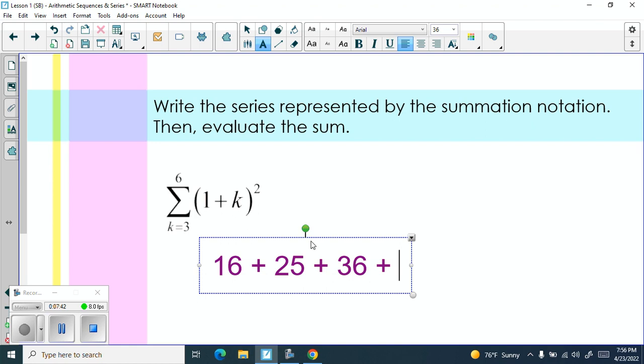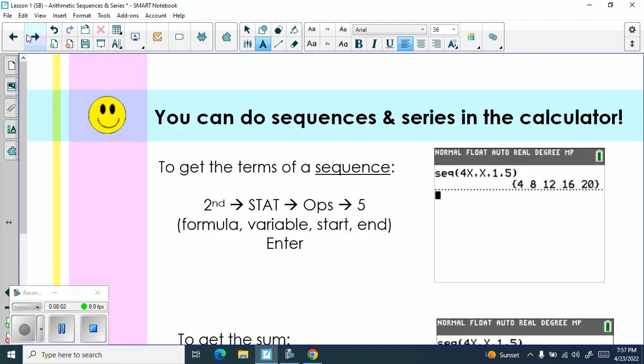And 1 plus 6 is 7, 7 squared is 49. And then we're going to add all of those up. So 16 plus 25 plus 36 plus 49 gets me 126.